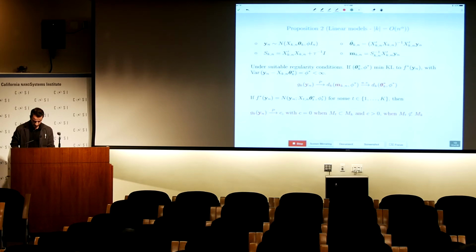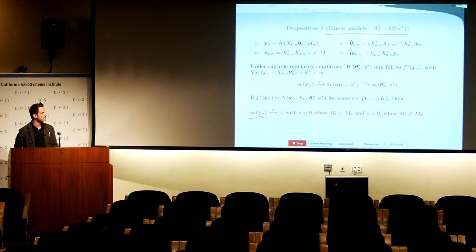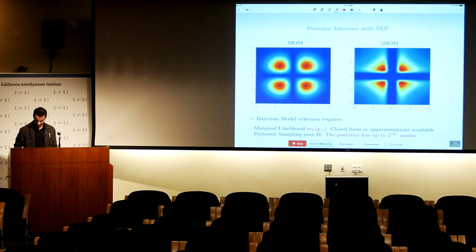All right. So for linear models, what happens is that if the model complexity goes up, then exactly what you want happens. So this particular distance function will go to 0 if you include spurious parameters, and that's all that slide says. So forget the details; doesn't really matter. I want to get to some of the applications.